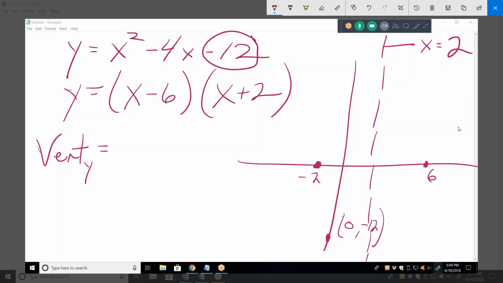No, you've got to plug the x coordinate into the function. Okay, so 2 squared is 4 minus 8, so 4 minus 8 minus 12. So negative 4 and negative 12 is negative 16. Okay, so the vertex comes at 2, negative 16.